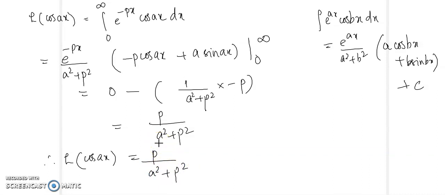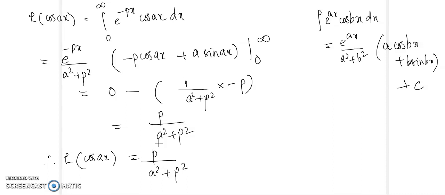So these are some of the common Laplace transforms. L of 1, then you have L of x raised to n, L of e raised to ax, then sine and cosine.